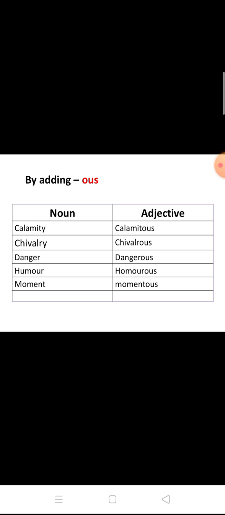And by adding ous to these words, they become a new word. Calamity becomes calamitous. Chivalry becomes chivalrous. Danger becomes dangerous. Humor becomes humorous. Moment becomes momentous. So this is how we can get adjective from a noun by adding suffix ous.